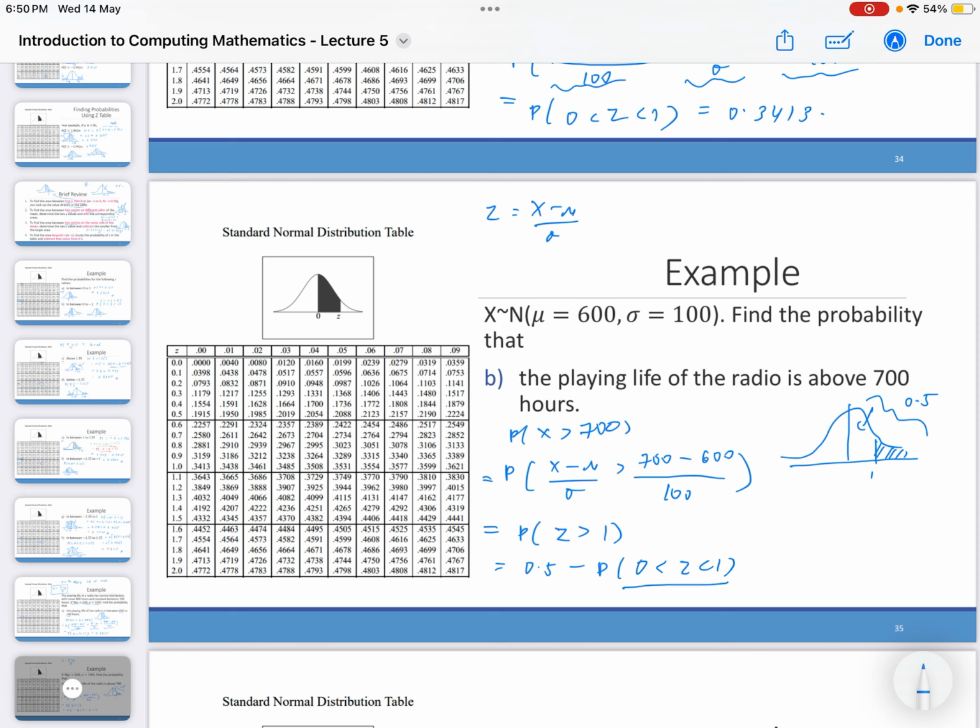This probability can be read from the table, which is this one. So this equals 0.5 minus 0.3413, which equals 0.1587.